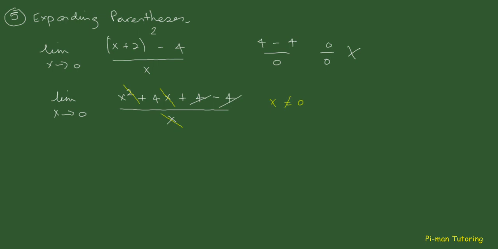As long as x is not equal to 0, we can do that. And so now we are left with the limit as x tends to 0 of x plus 4, which if you put in x equals 0, it's simply equal to 4. So sometimes it's as simple as that.